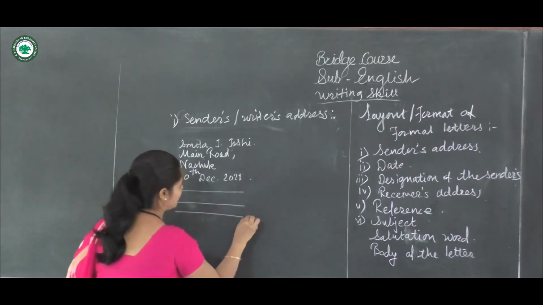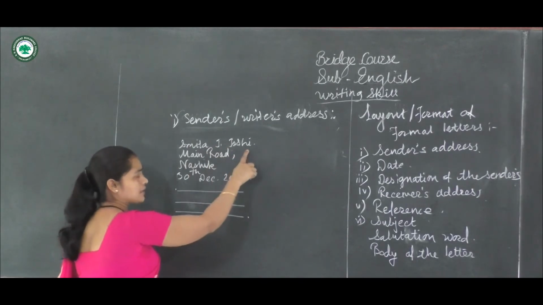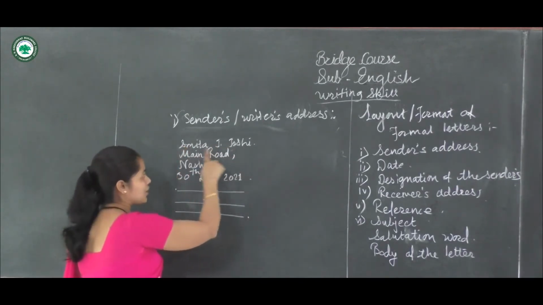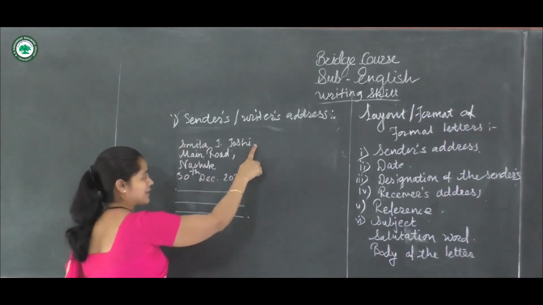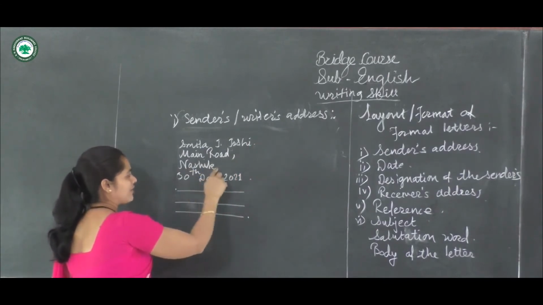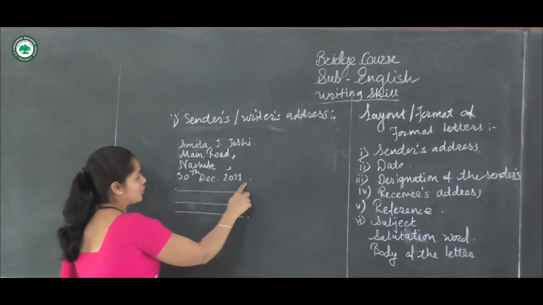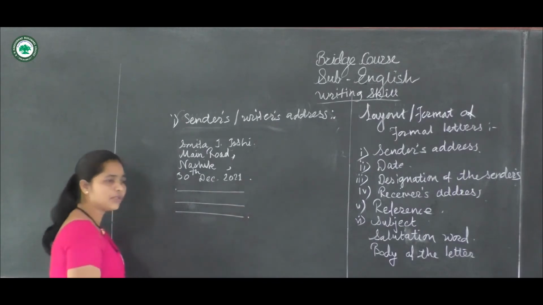Lastly you have to put a full stop after completion of your full name. Then afterwards put a comma. Then after Nasik also you have to put a comma. And after that, when you complete your whole date, you have to put a full stop.